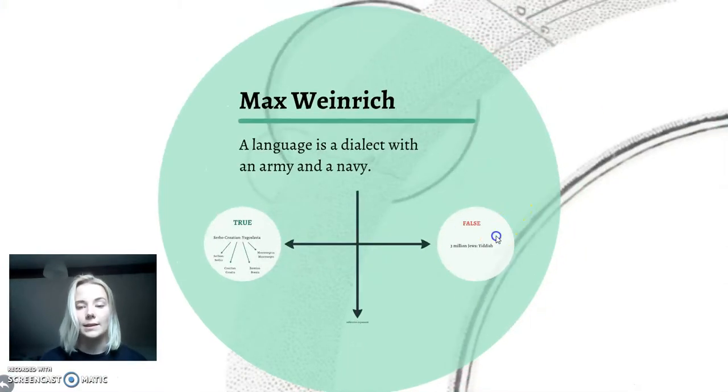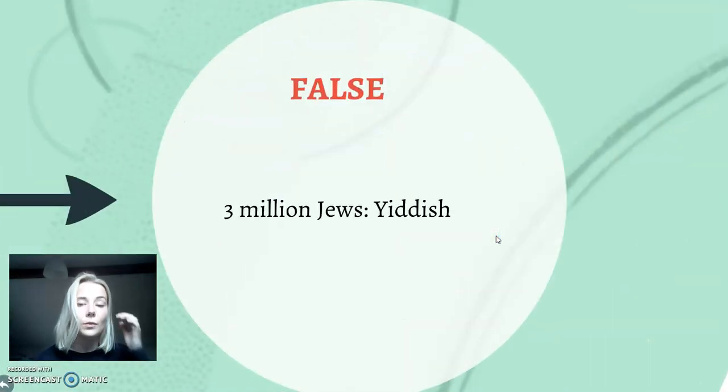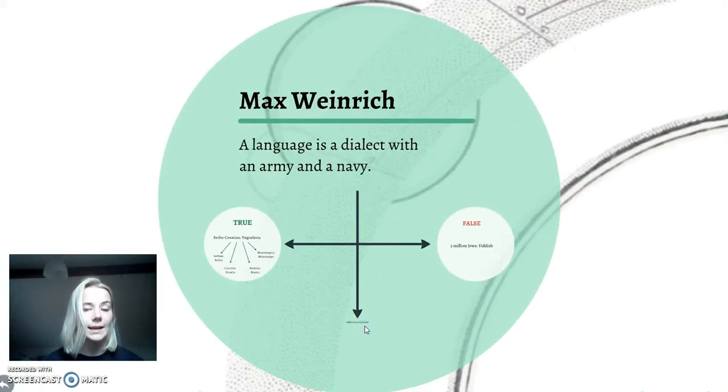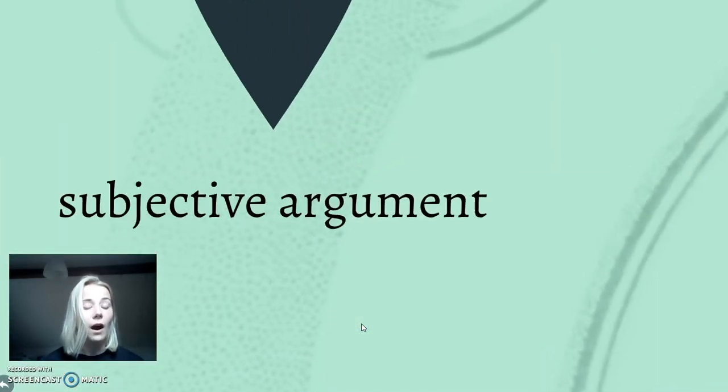But not in all cases, because in the case of the language Yiddish, which is spoken by a particular part of the Jewish community, this is absolutely not the case because they have nothing to do with an army or navy at all. So we can conclude that this is a subjective argument.